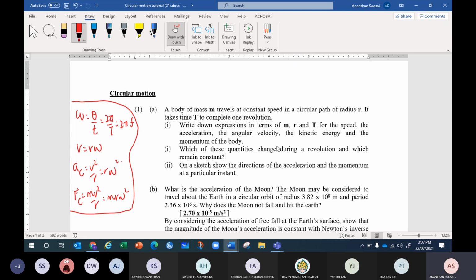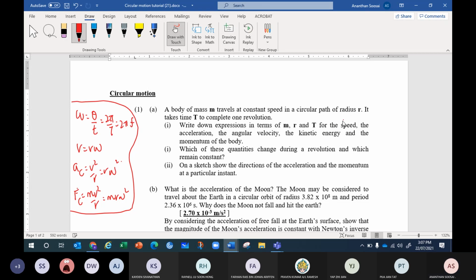Write down expressions in terms of m, r, and T, mass, radius, and the period, for the speed, acceleration, angular velocity, kinetic energy, and finally the momentum of the body. Five quantities, right, in terms of m, r, T.